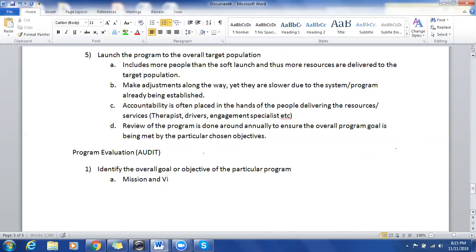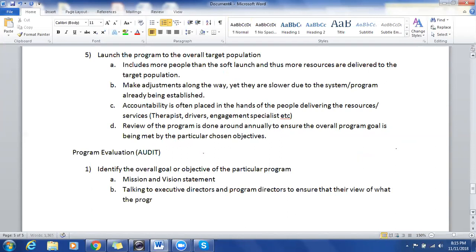Again, it's going to be the mission and vision statement of the particular agency. And if it's a bigger agency, it can involve multiple areas, but this typically involves talking to executive directors and program directors to ensure that their view of what the program is, is actually happening.